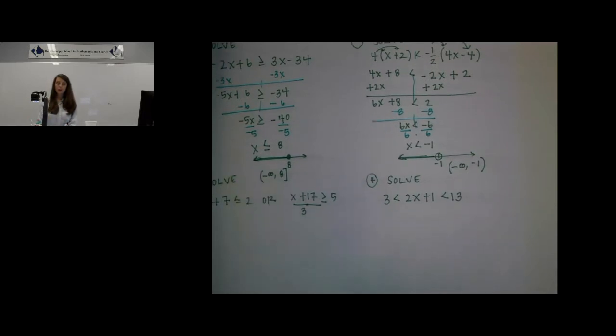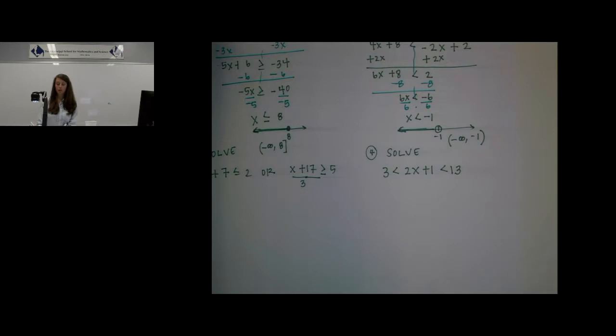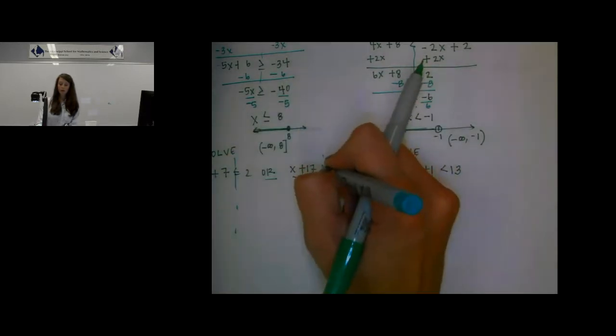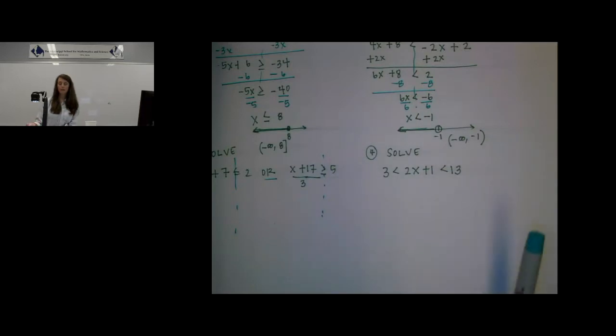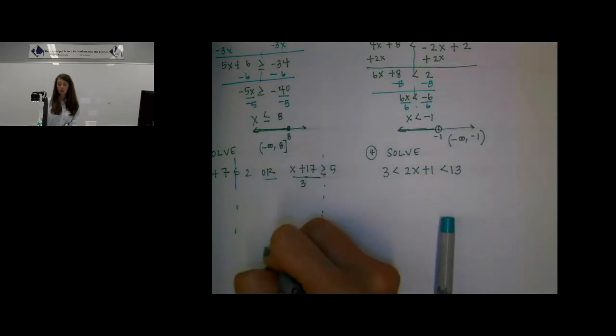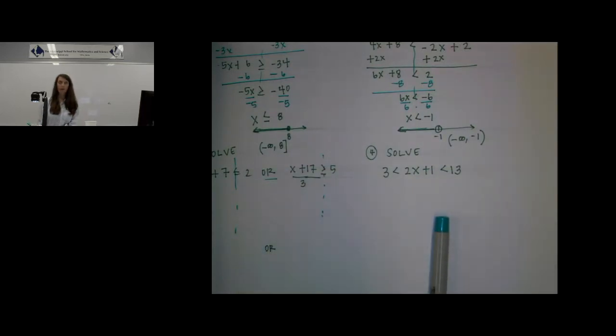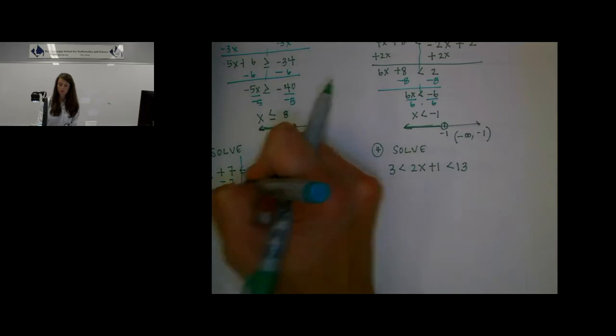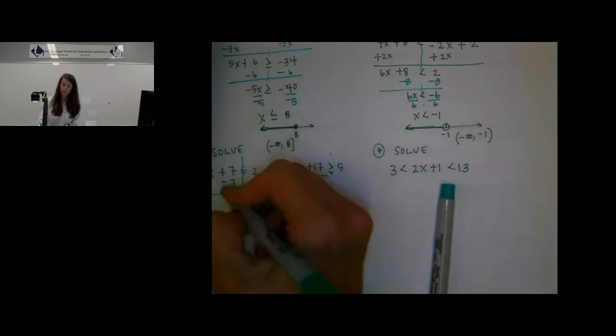Okay, so these two, though, are compound. So compound or means that I'm going to take that one inequality, solve it, solve that second inequality, and we're going to separate it, and it's still going to have that or on it as well. Okay, so we are going to solve this one. So we're going to subtract 7 on both sides.